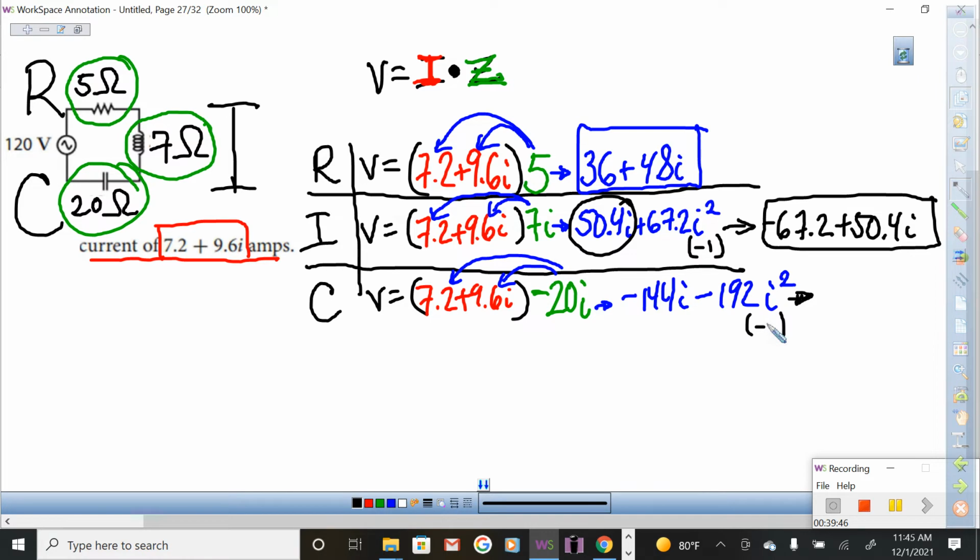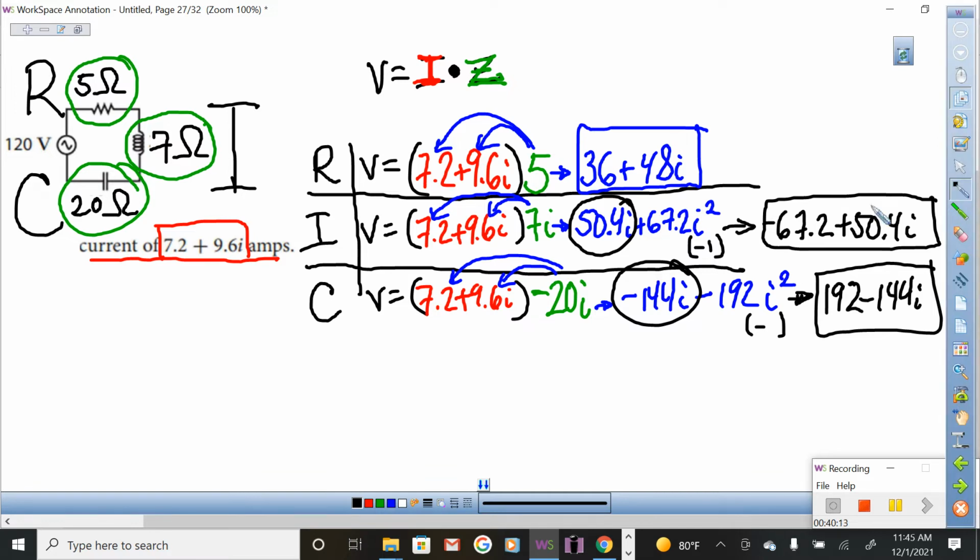So negative 1 times negative 192 is positive 192. And then what goes at the end? The imaginary, minus 144i. Alright. So we're not going to do the other one here in class for the sake of time. You can do that tonight by yourself, but it's the same process.